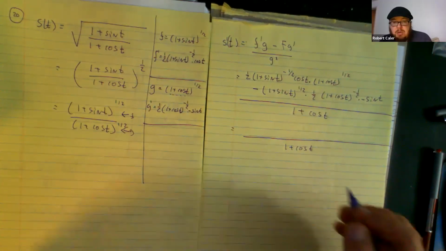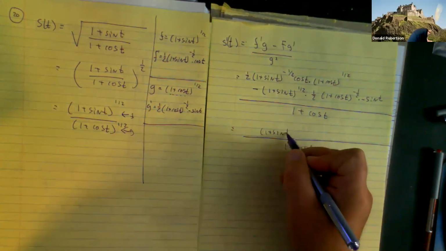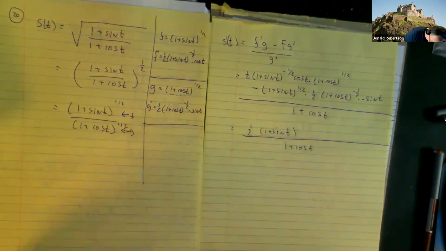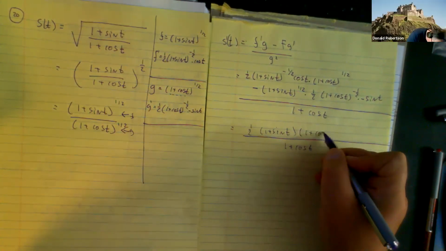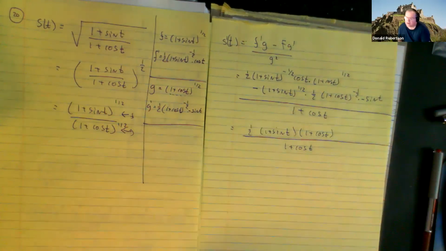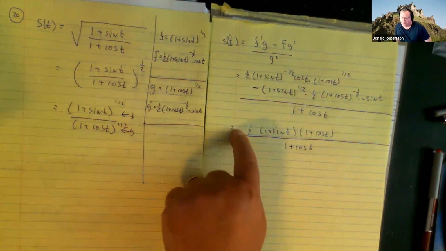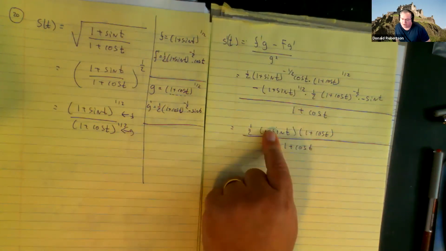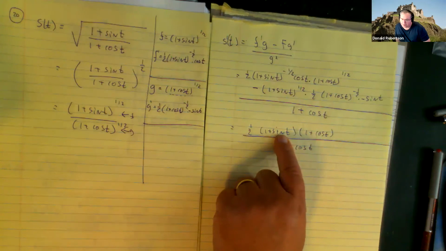1 plus sine t. Okay, there's a 1 plus sine t. We'll worry about how much in a minute. Would you agree there's a half? And would you agree that there's a 1 plus cosine t? Again, we'll decide how much of each of those there are. Right, a half and a half, that's easy. There's a negative a half power of 1 plus sine t, and there's a positive a half power of 1 plus sine t, right?